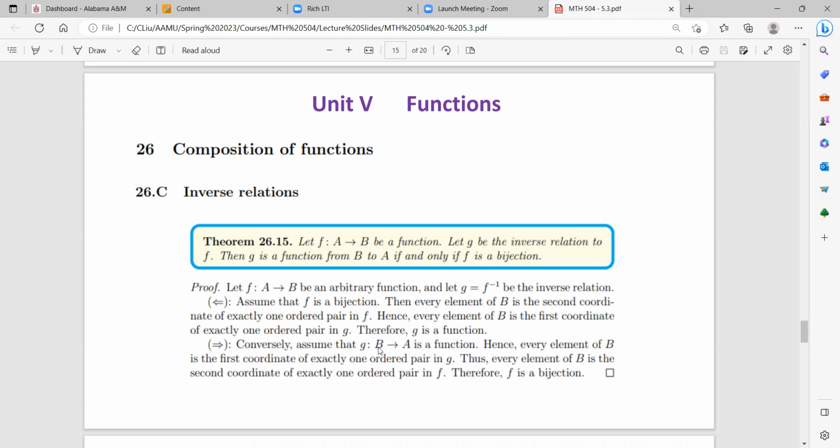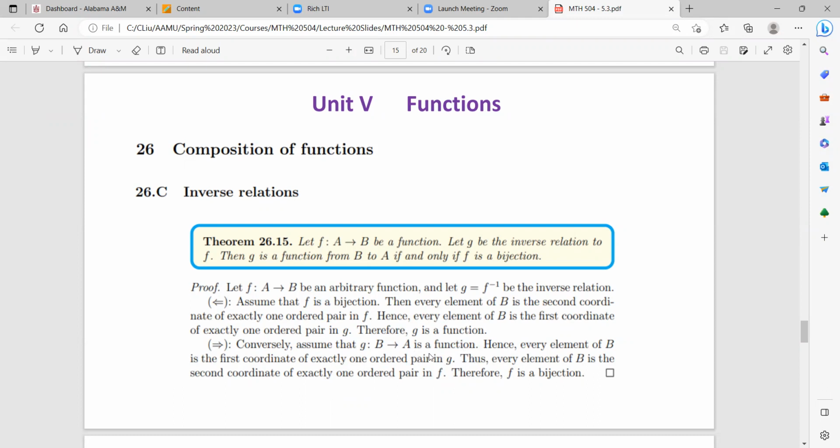G being a function means that every element of B is the first coordinate of exactly one ordered pair in G. So that means every element of B is the second coordinate of exactly one ordered pair in f, because again G and f just reverse the order of the numbers in ordered pairs.